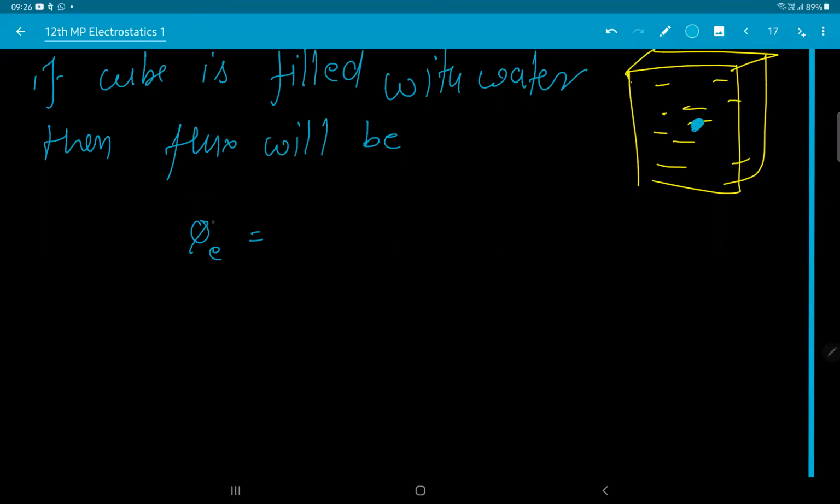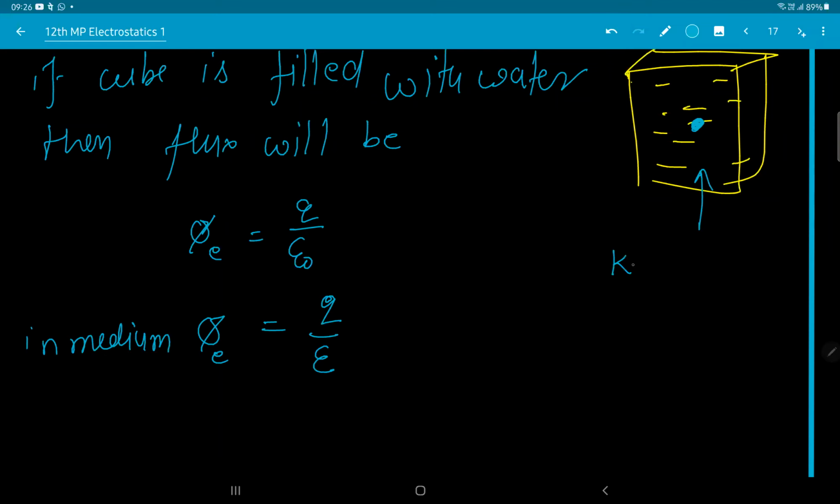Phi E is equal to Q by epsilon naught. If we are using a medium, then we will replace this permittivity with the permittivity of the medium. So phi E in medium is equal to Q by epsilon. Now relative permittivity K is equal to epsilon by epsilon naught, so epsilon equal to K epsilon naught. So we write Q by K epsilon naught. So simply K times it will be decreased.